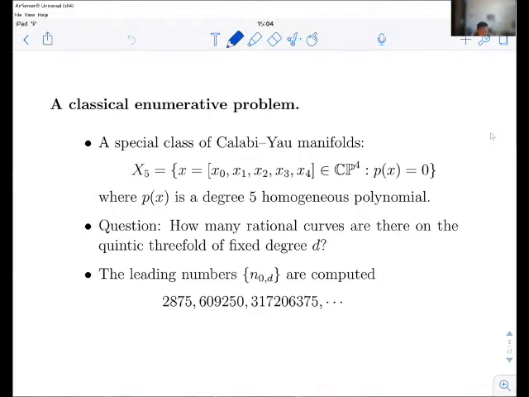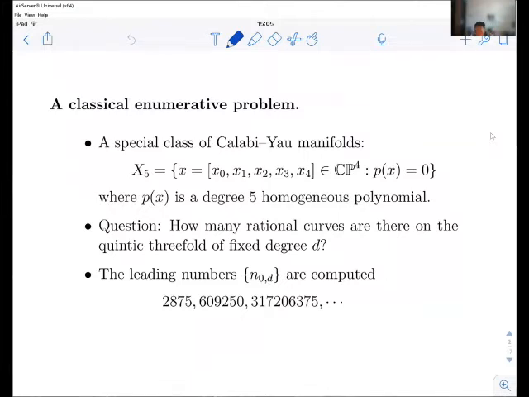So the classical problem is: how many rational curves are there on this quintic threefold for each fixed degree d? Now we know the leading numbers. Here N_{0,d} means the number of rational curves of genus 0 and degree d, and they are computed: 2,875 and the following numbers.